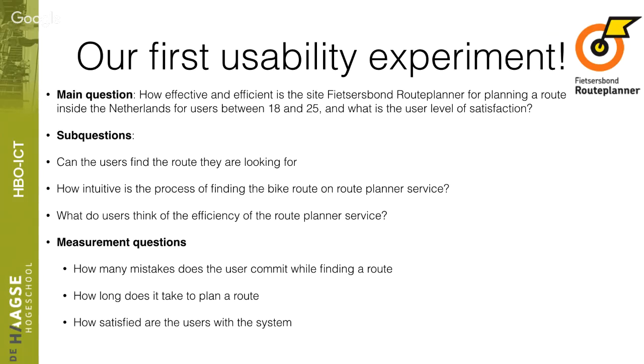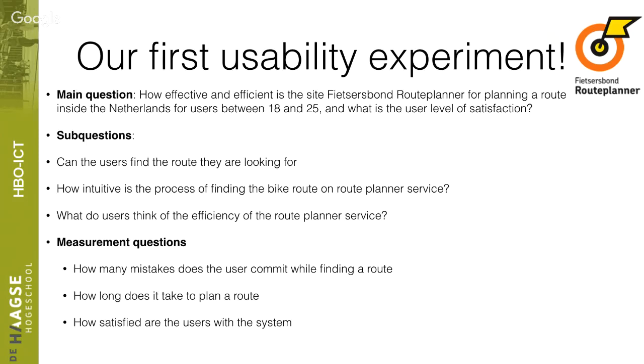And we are going to take measurements. How many mistakes does the user commit while trying to find the routes? How long does it take to plan the routes? And how satisfied are the users with the system? Okay?